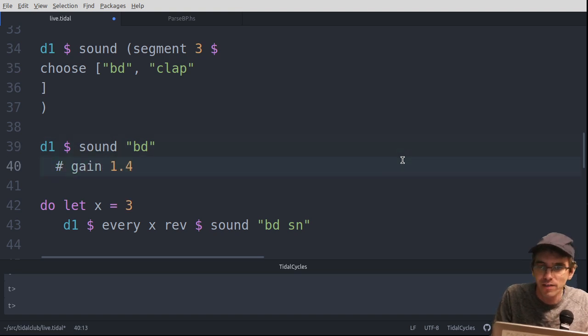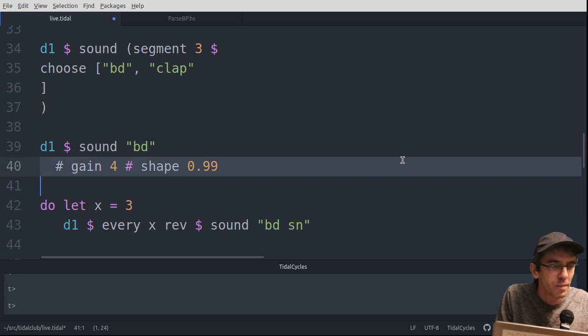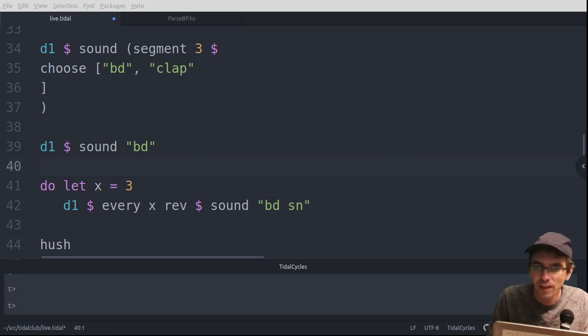So if I increase the gain. Yeah, actually that didn't go too loud, but there's a limiter when you go in hard.